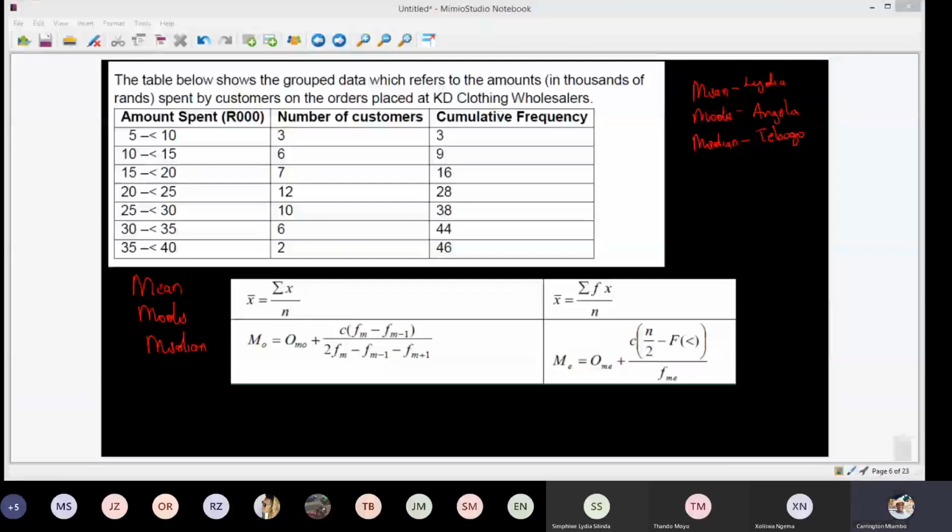Okay, let's solve. Right, just find the mean, the mode, and the median. Then we start answering. Draw your table.